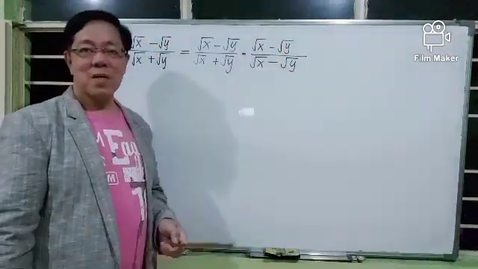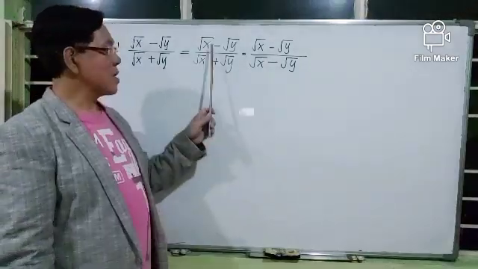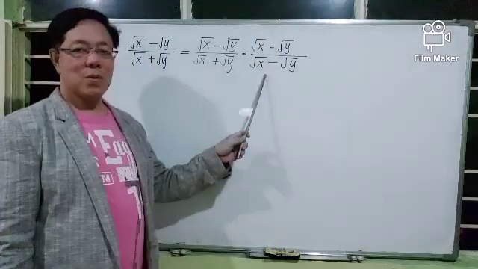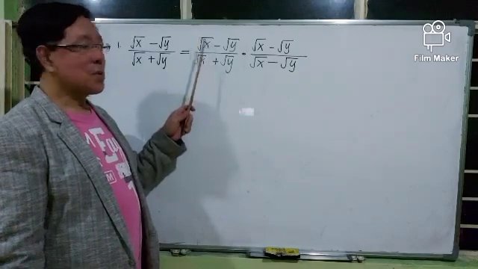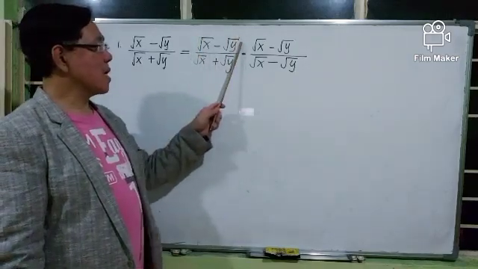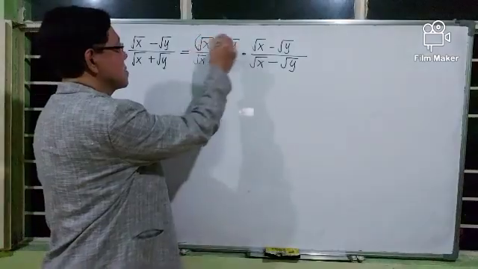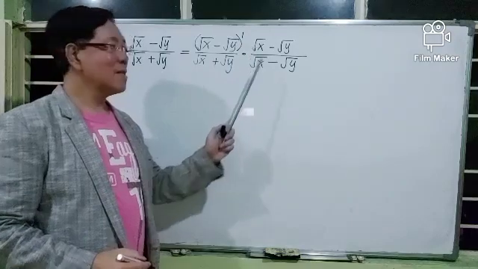Now we perform the multiplications at the right hand side, the multiplication in the numerator and the multiplication in the denominator. In the numerator, if you take square root of x minus square root of y as one quantity, its exponent is 1.